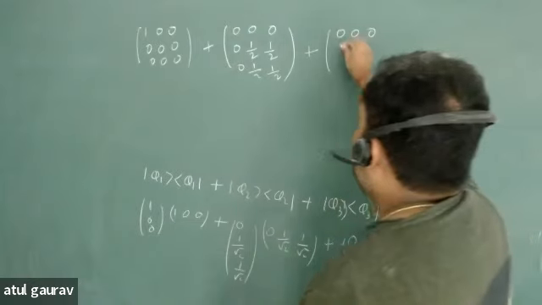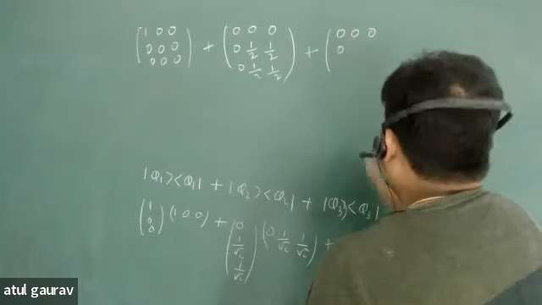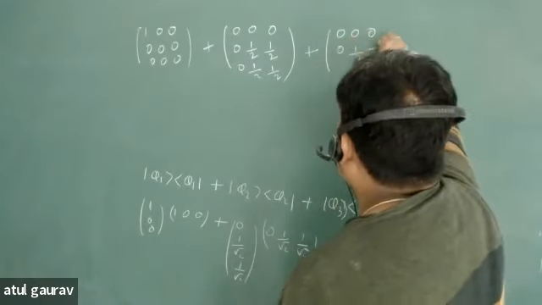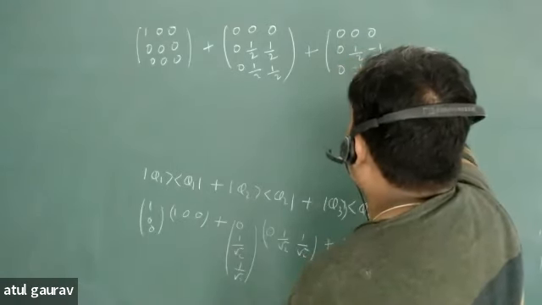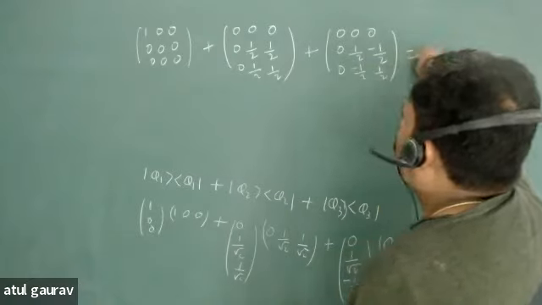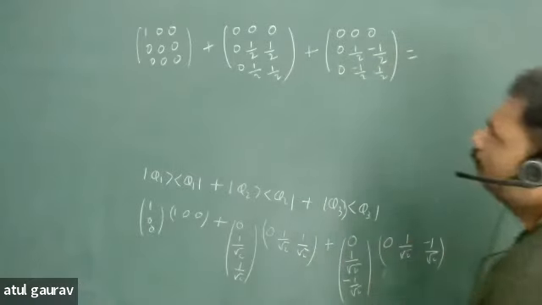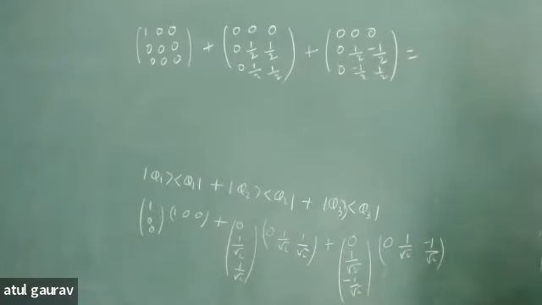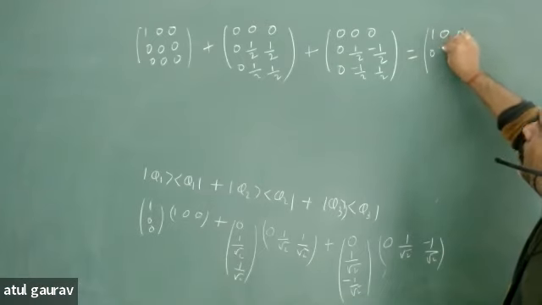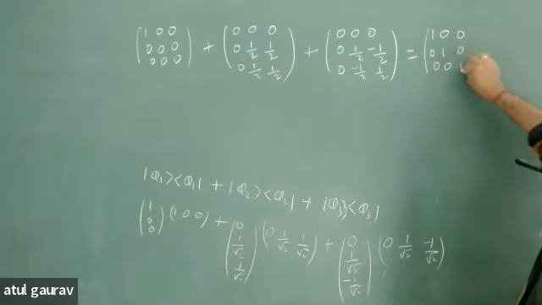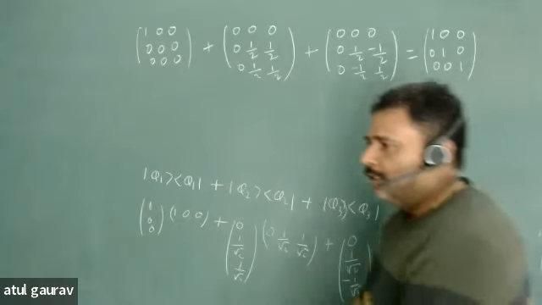Next, 0, 0, 1 by 2, minus 1 by 2, 0, minus 1 by 2, 1 by 2. Now you can check. What is this thing? Is this an identity? Yes, sir. 1 0 0, 0 1 0, 0 0 1. Yes, this is an identity operator.